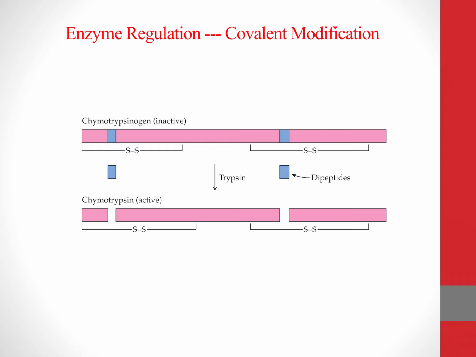So you don't need to know those numbers. I'm just kind of giving you an idea of where they are. But they are completely removed, and when they're removed, it activates chymotrypsin. And then you can see the disulfide bonds are kind of holding those pieces together after the removal of those amino acids.